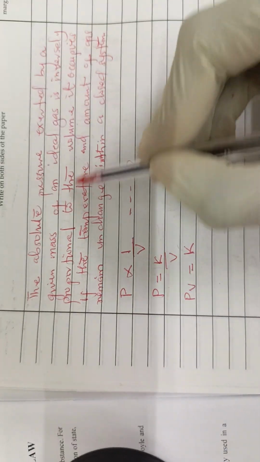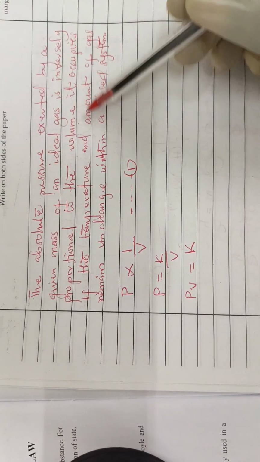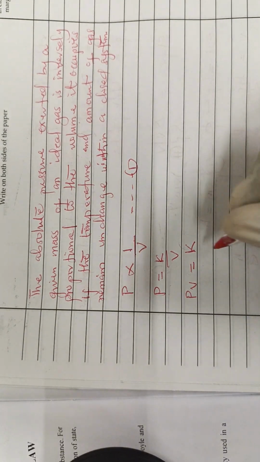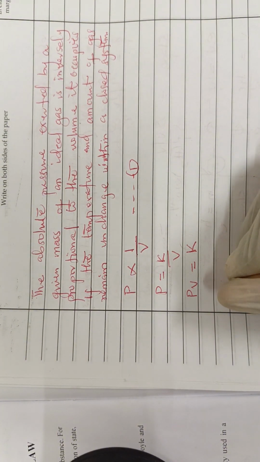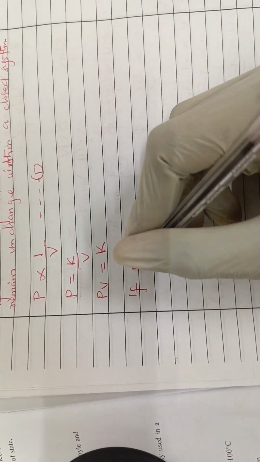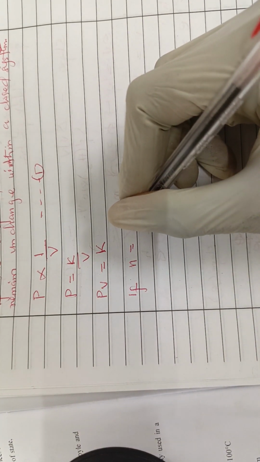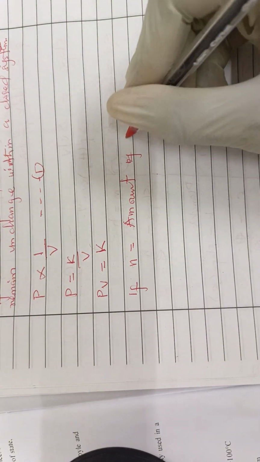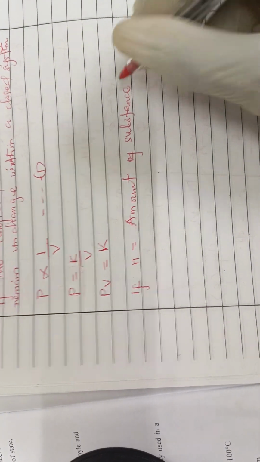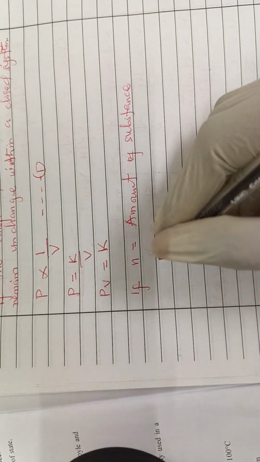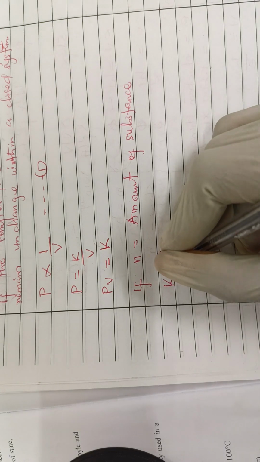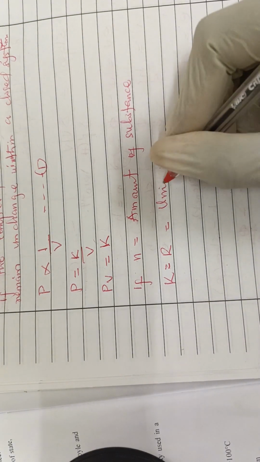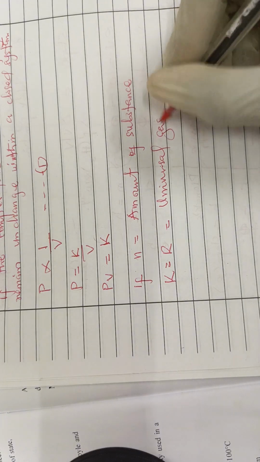But mind you, coming back to the law, it says that if the temperature and the amount of gas remain unchanged, then N is the amount of gas, or amount of substance, and our K can be equal to R, the universal gas constant.